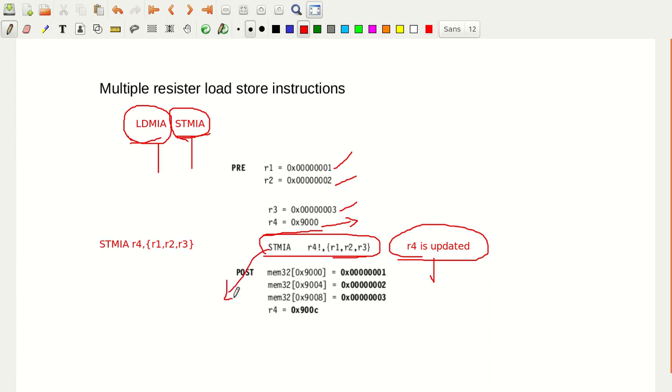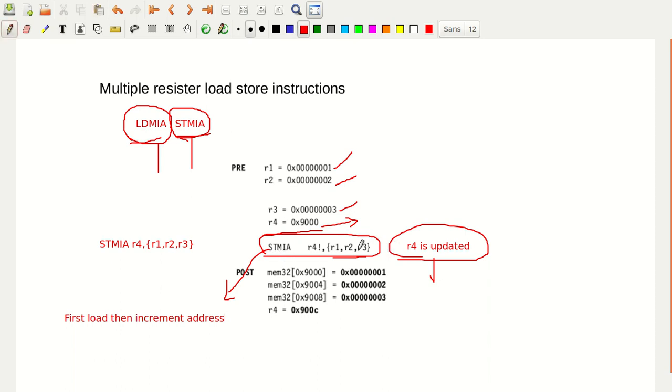Let me write this: first load, then increment address. Store multiple, increment address after loading.